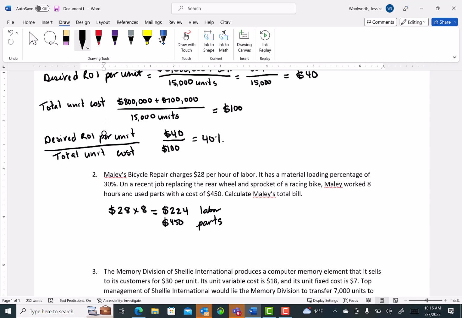On this one, it says that we're going to do a loading percentage of 30%. So I'm going to take my parts of 450. A material loading percentage is going to be 30% on the materials, so that would be our parts in this case. So I'm going to take the 450 times the 30%.